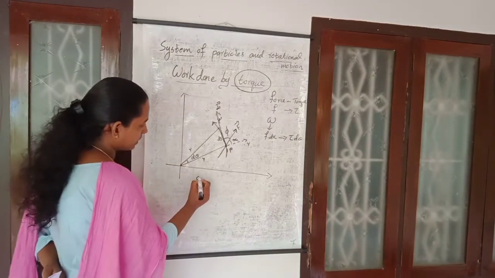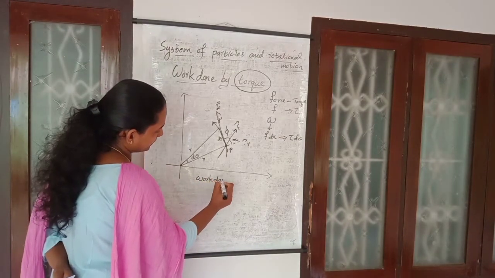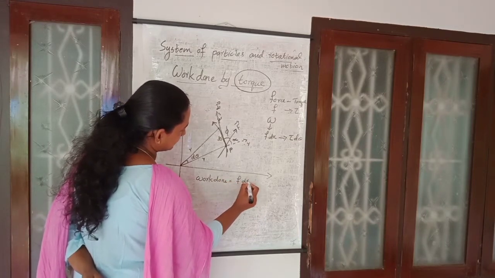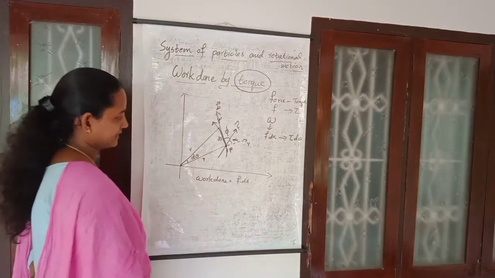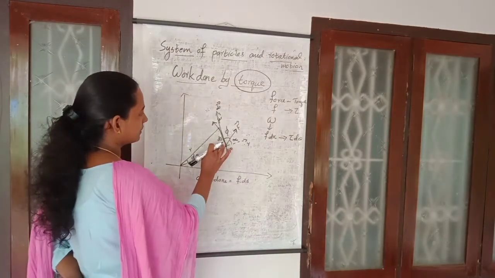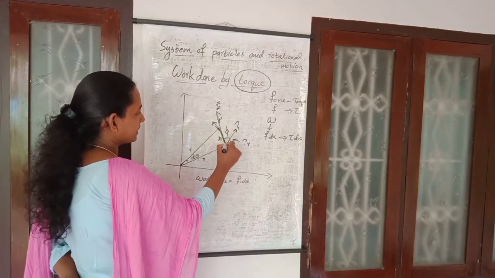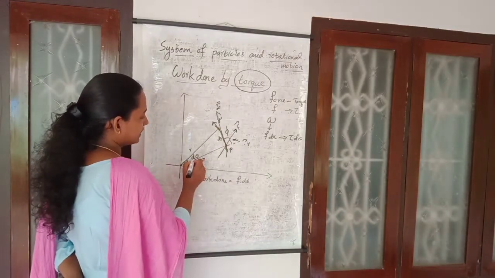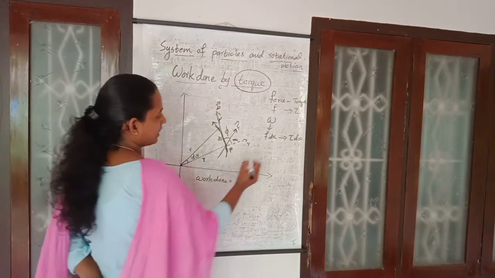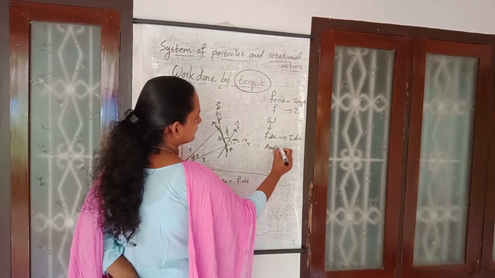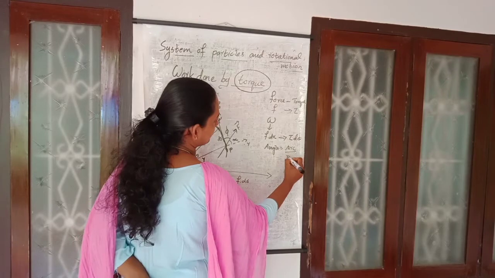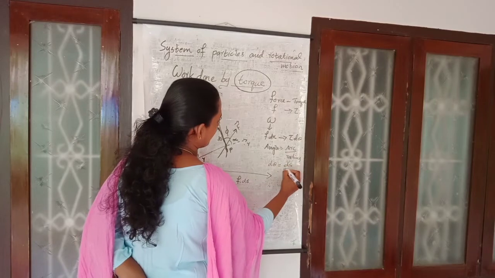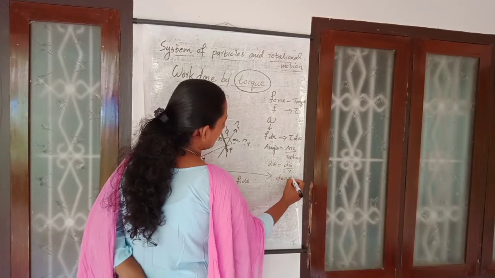So what is the work done by the particle? Work means force into displacement, F ds or F dot ds. But what is ds here? This ds is the linear displacement, part of this circular motion, and it is related to d theta and the radius r. Angle is equal to arc by radius. Therefore you can write d theta is equal to ds by r, or ds is equal to r d theta.